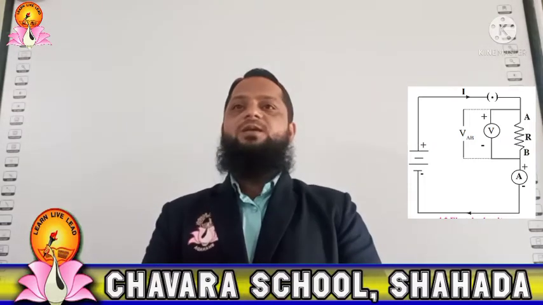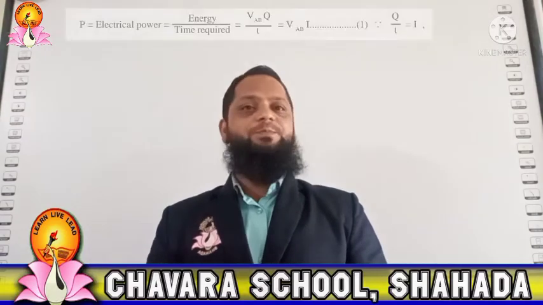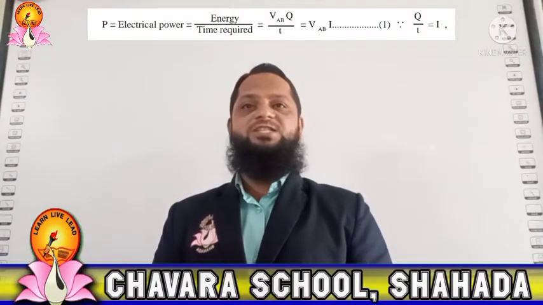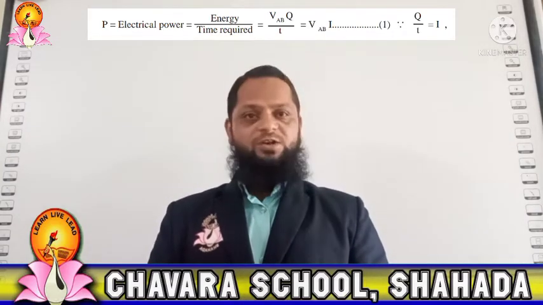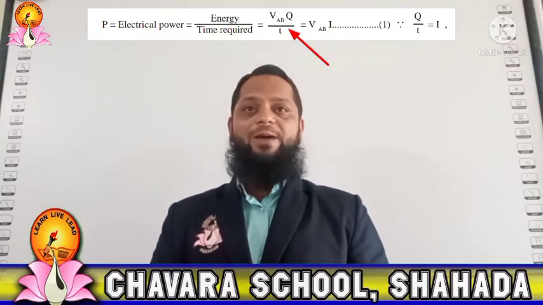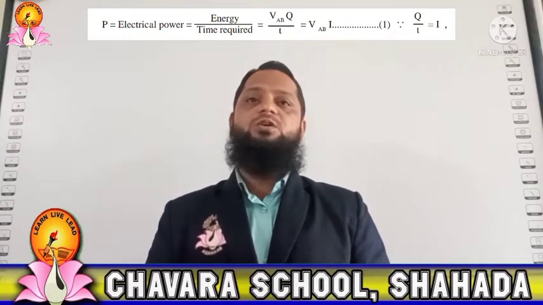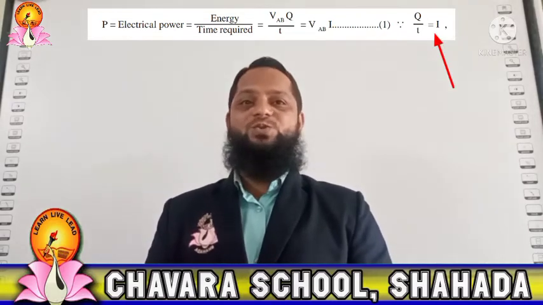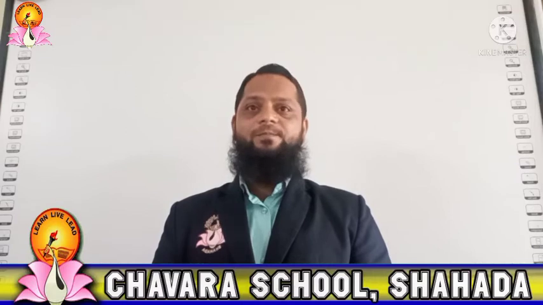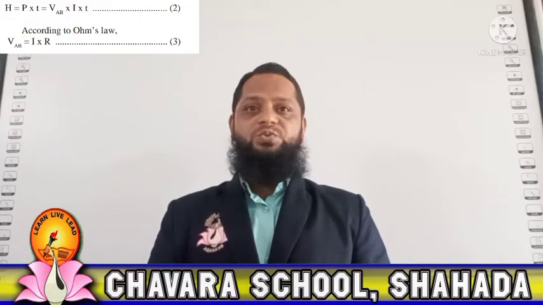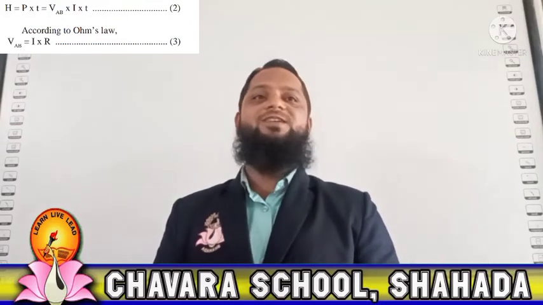So, my dear children, P is equal to electrical power, and electrical power is nothing but the energy divided by time required. Energy, that we already studied, is VAB into Q upon t, that is equal to VAB into I, because Q upon t is equal to I. The source of energy, that is the cell, gives in time t the energy P into t to the resistor.